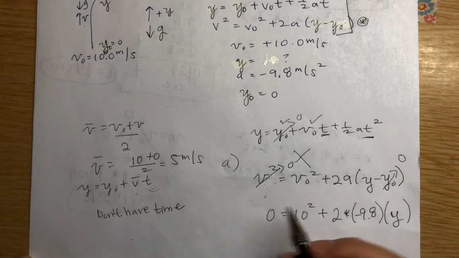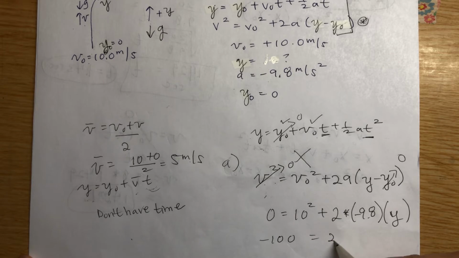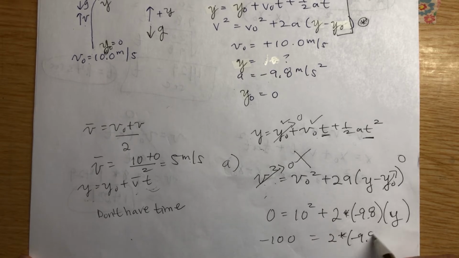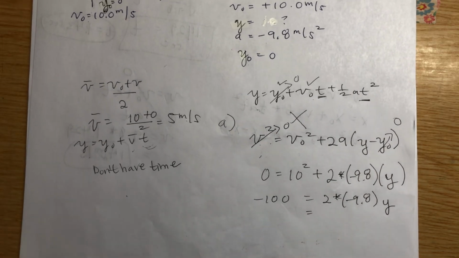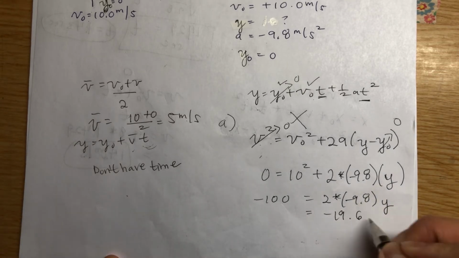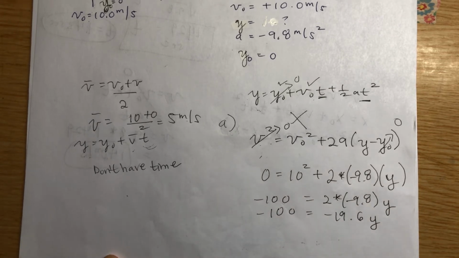I'm going to subtract the 100, so negative 100 equals 2 times negative 9.8 y. Negative 9.8 times 2 is negative 19.6 y equals negative 100.